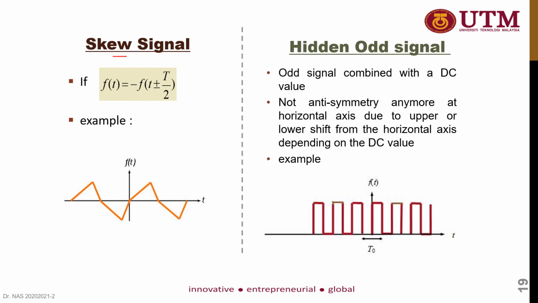Next is skew signal. You can look at the shape here. It is a skew signal, and it's given by this equation. And hidden odd signal: an odd signal combined with a DC value becomes a hidden odd signal. When you look at the original shape, it appears like the odd signal. This is the x-axis.